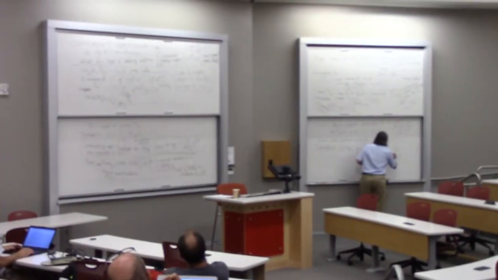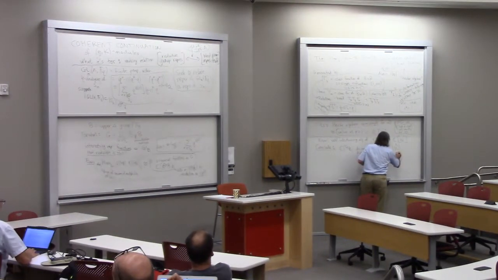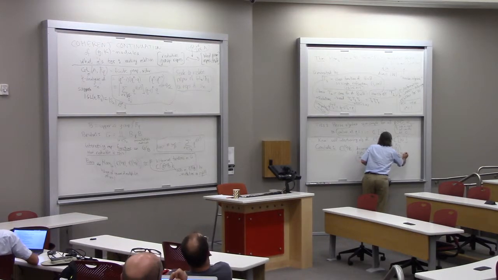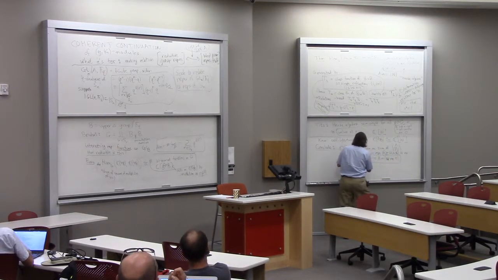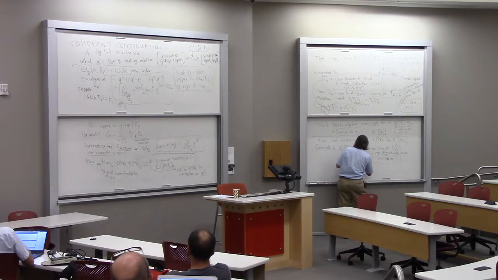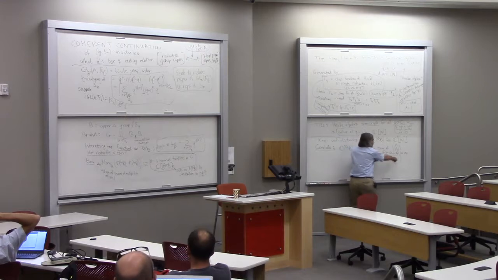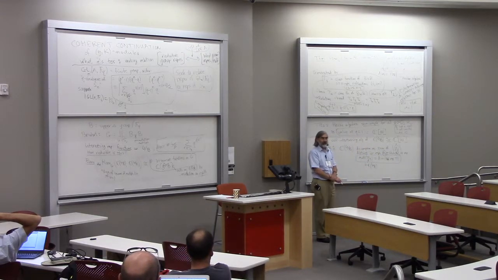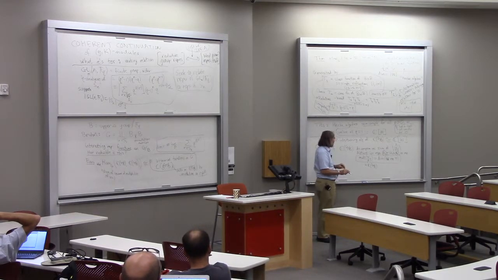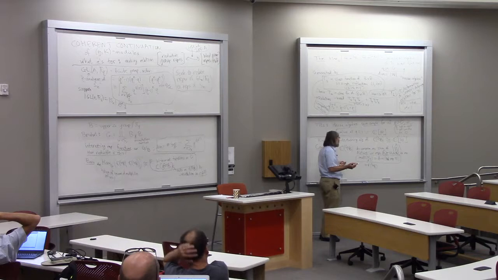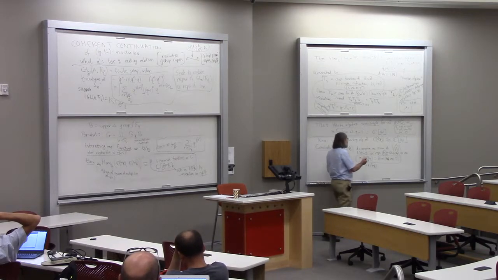This is a GL_N(F_q) representation, and the multiplicity of this representation in the functions on G mod B is given by this dimension.